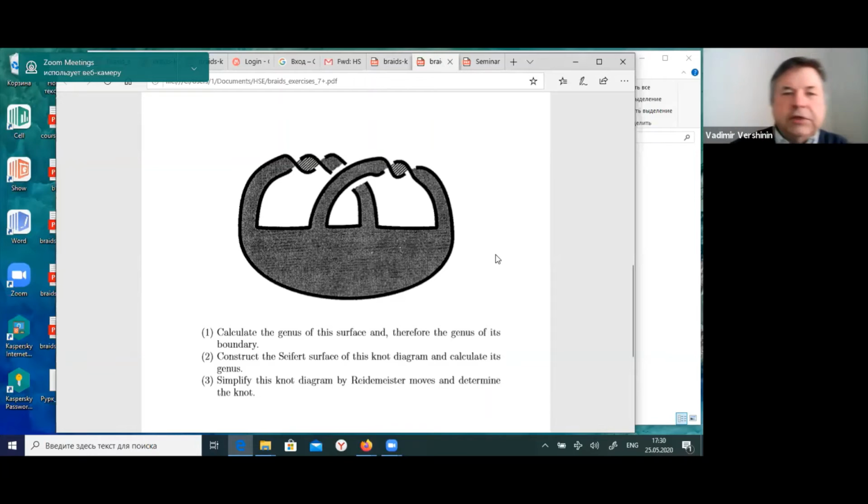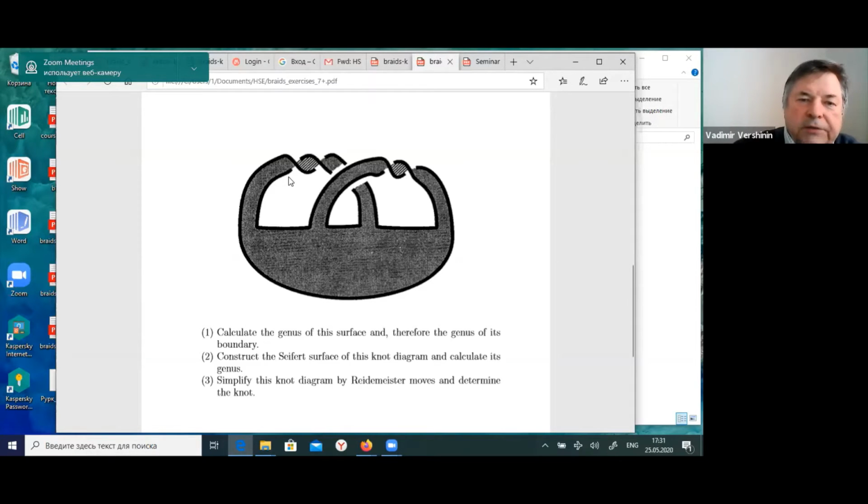Now forget about the surface, look only at these lines. It should be like a knot diagram.